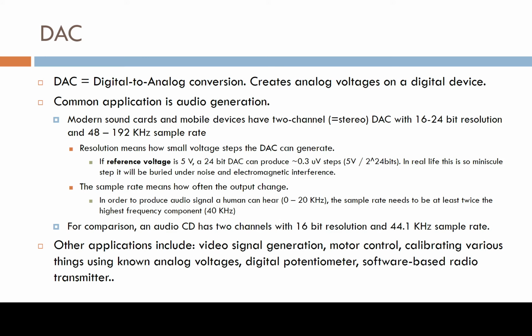So that's stereo, at least. The 2 channels have separate DACs with quite high resolution. 16-bit is not quite high yet, but it's high enough for CD quality audio. 24 bits is a lot. And sample rates, meaning how fast they are sampling the data output, are between 48 and 192 kilohertz in general. Some industry standard values there.